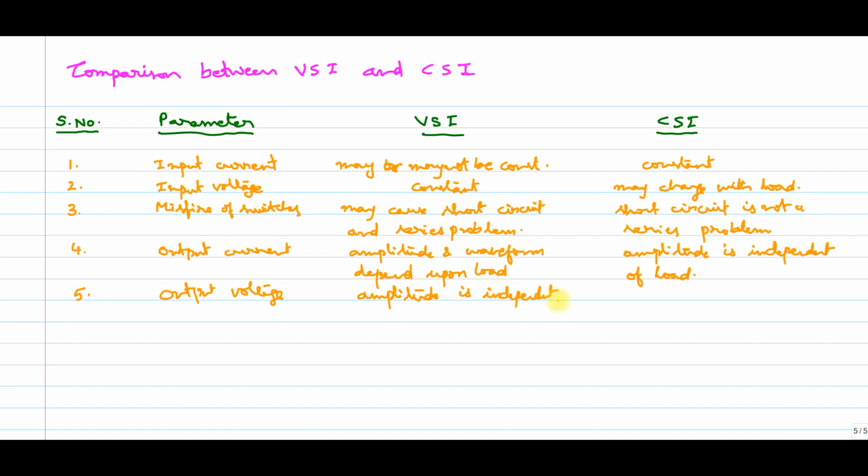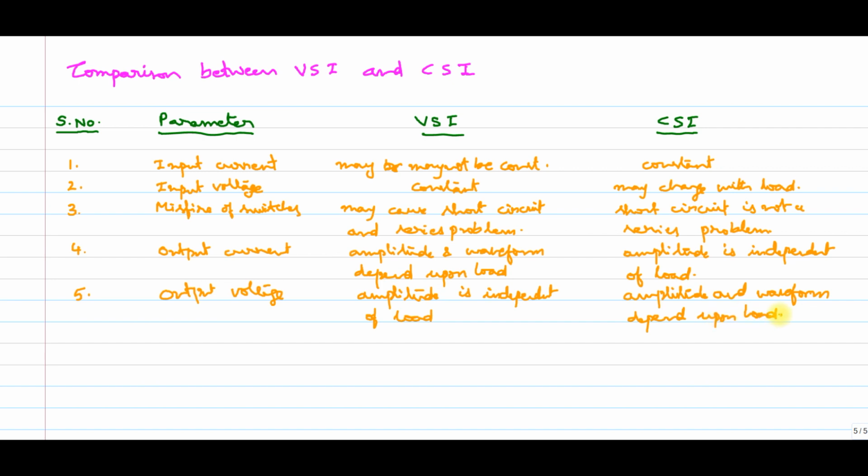For the output voltage in CSI, the amplitude and waveform depend upon load.